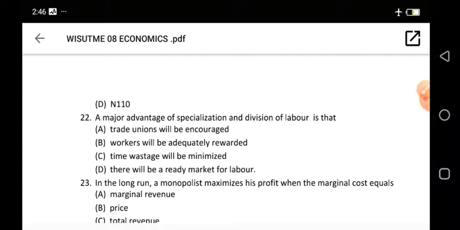Yes, time wastage will be minimal, because division of labor means dividing the production process into different stages and allowing each labor or group of labor to occupy each of these stages. It makes production fast and reduces time wastage. So that is a direct answer to that question. Number 22 answer is C.